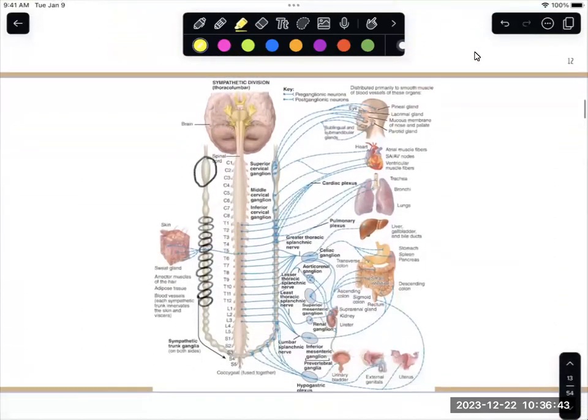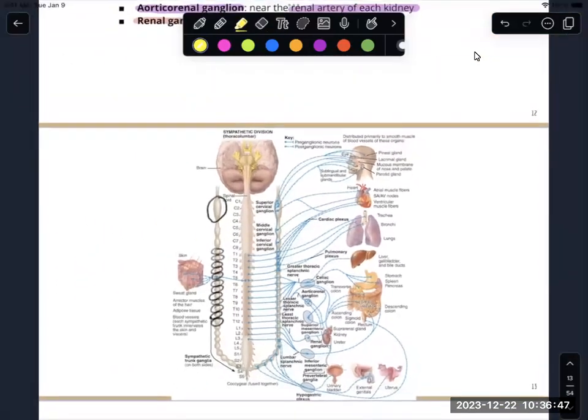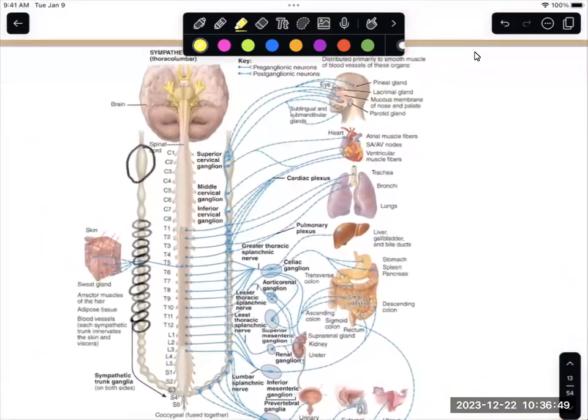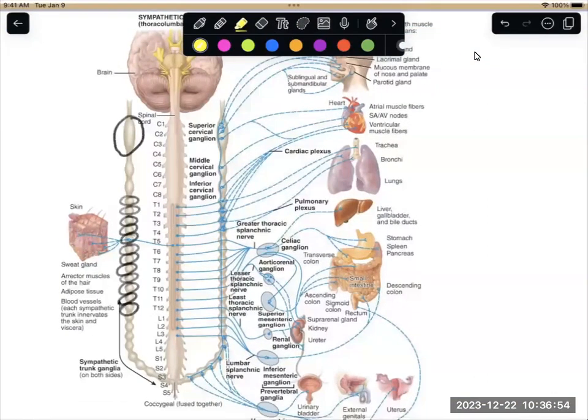So let's look at some of these. This is just the sympathetic, the thoracolumbar. So you can see all of these blue dots. Those are sympathetic cell bodies that are leaving the spinal cord. You see, they only come out T1 through about L2, L3 area.